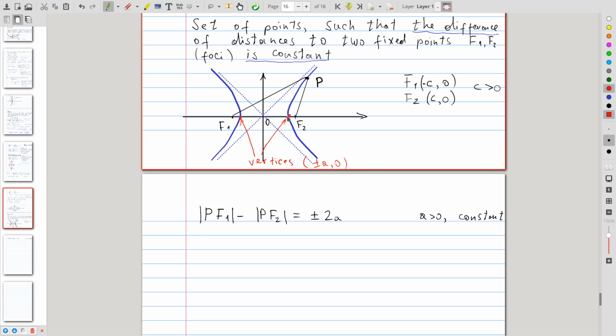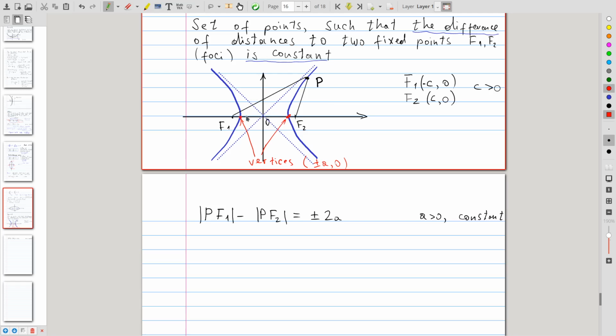If you take the distance from this red vertex to F1, you have this length to the origin and then another length to the focus. But the length to the focus consists of two parts: this part, equal to this part here, and the part that is equal to a.